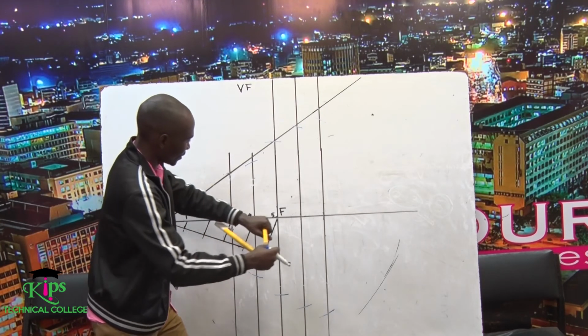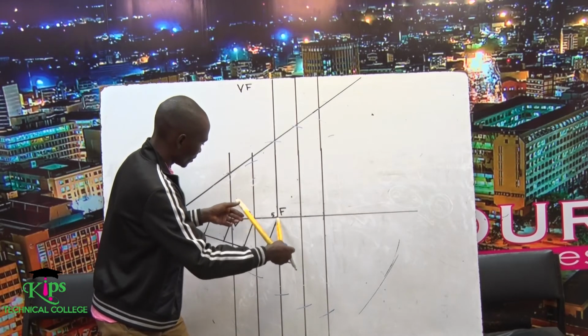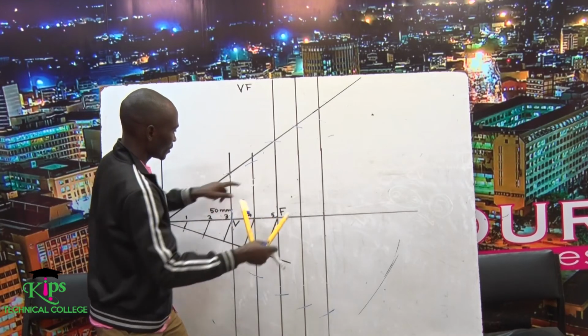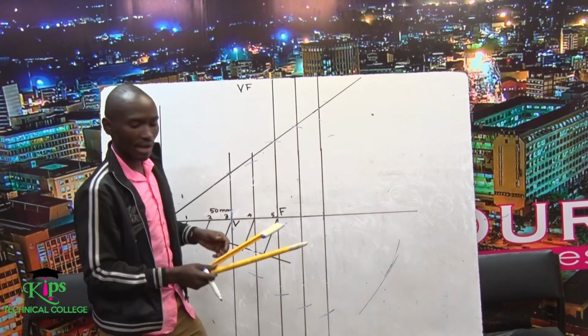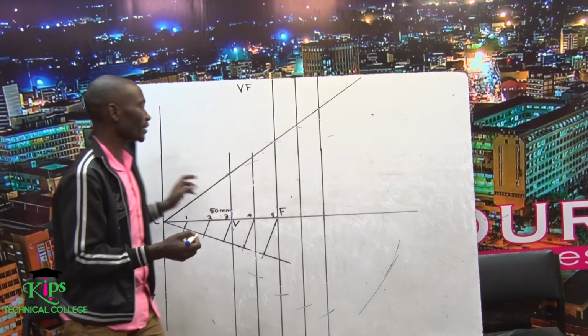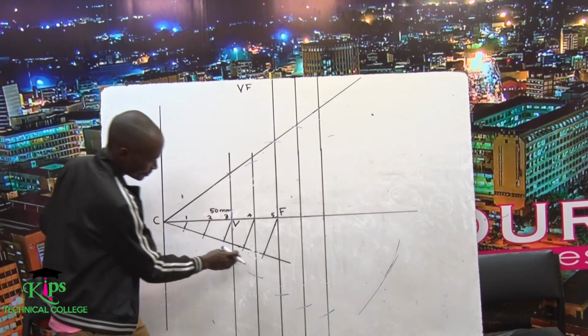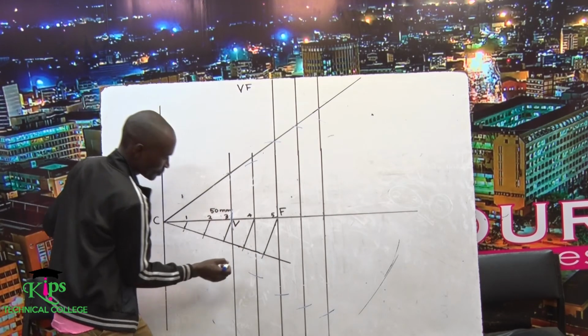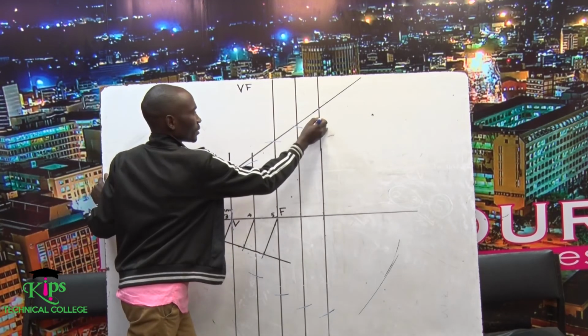Then again V. So you can see it has marked at this line at this given point. Then now whatever is remaining is to join the points with a very smooth curve. Like this.